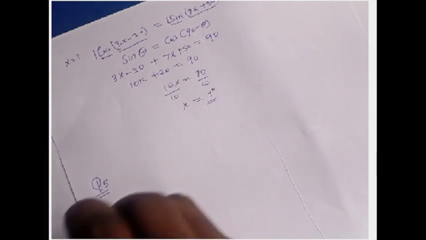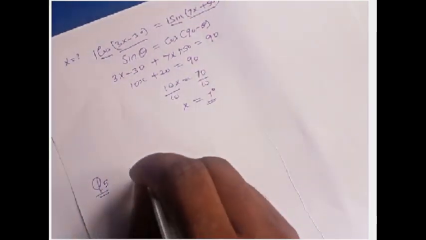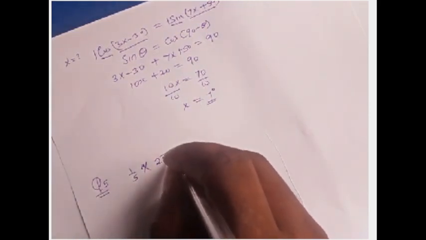So the length of an arc is a fifth of its circumference, and the circumference of a circle is 2 pi r.